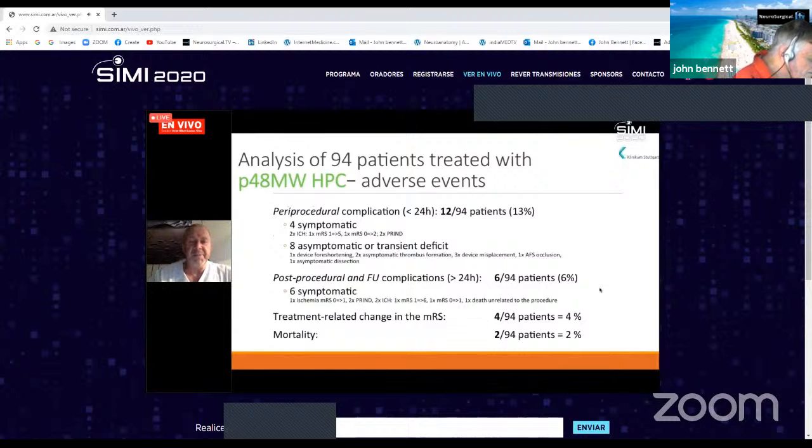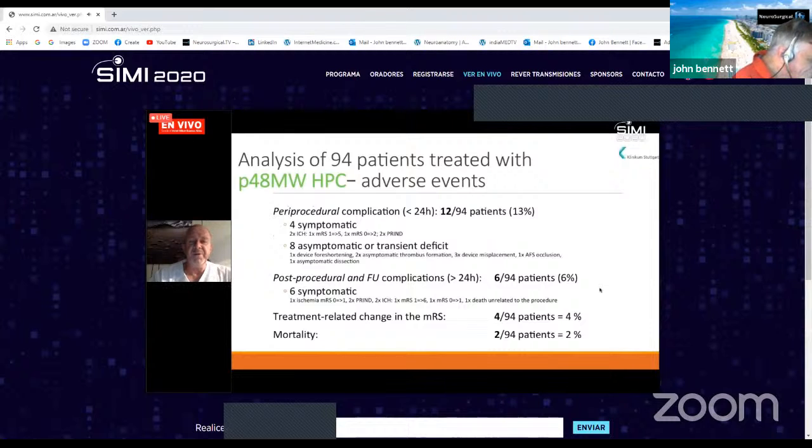Post-procedural was 6%, 6 cases out of 94 patients had symptomatic post-procedural complications or complications during follow-up. And the treatment-related change in the modified Rankin score was 4, which means 4%, and mortality was 2.